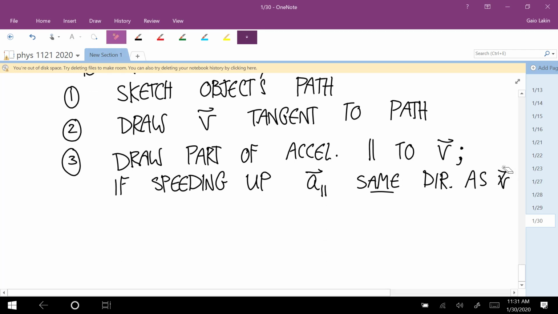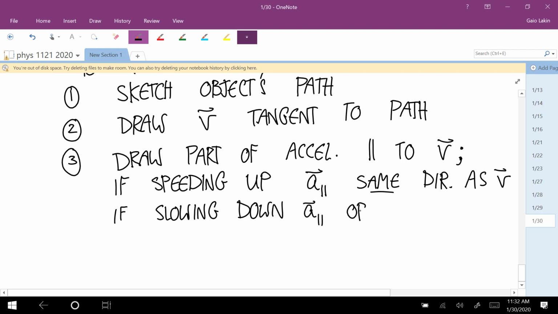And if the object's slowing down, A parallel is in the opposite direction of the velocity vector.